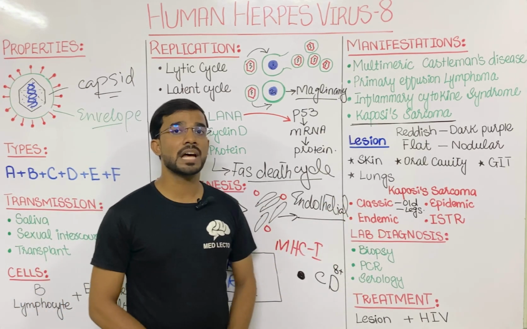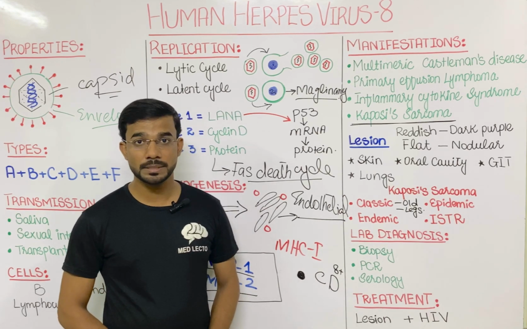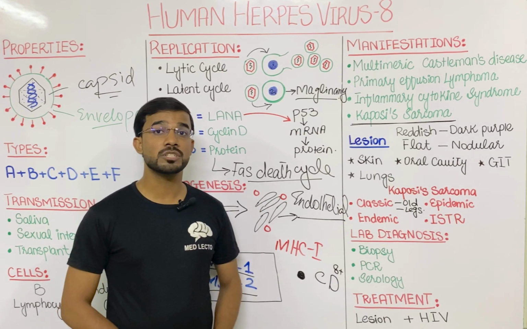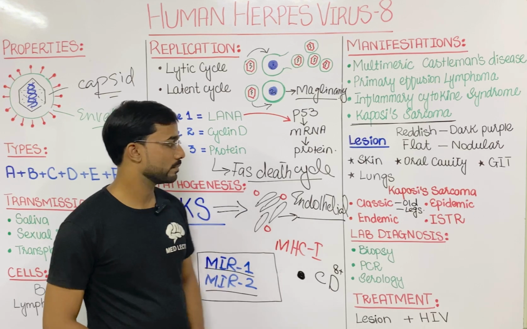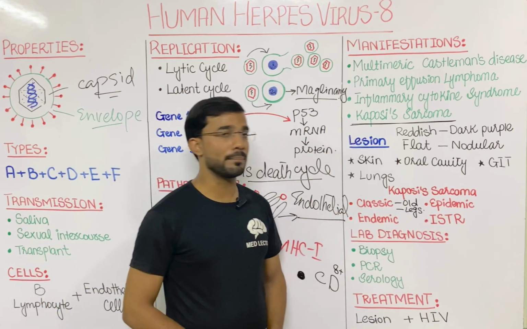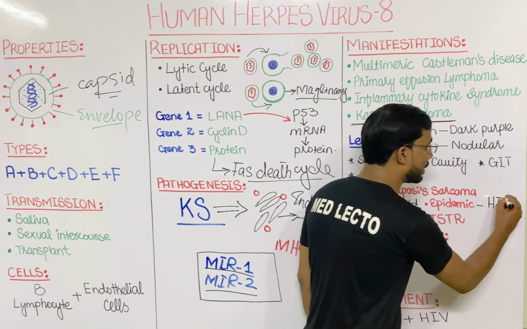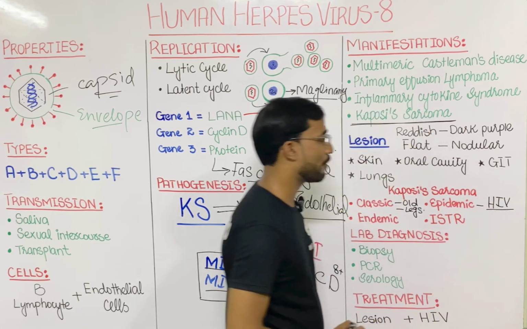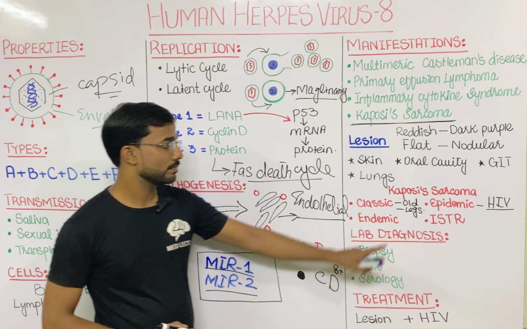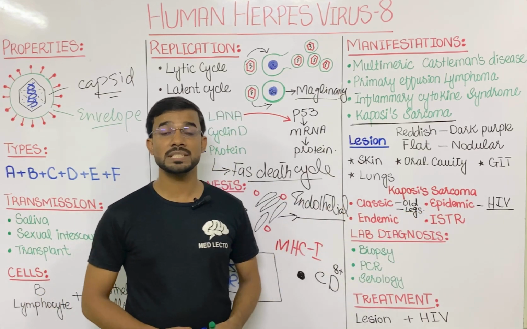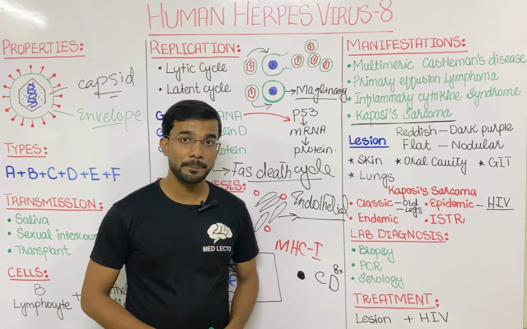This Kaposi sarcoma is mostly seen in Africans, and it affects mostly men. Next is the epidemic type. You will see it mostly in HIV people, that is, Kaposi sarcoma in HIV patients.